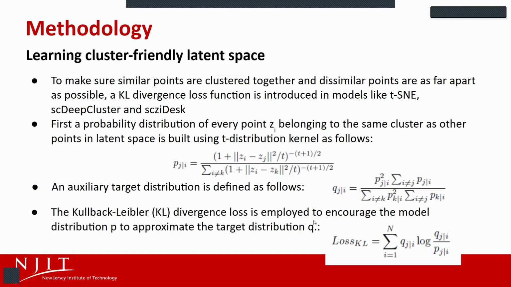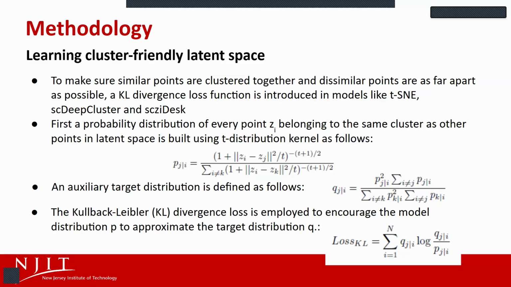Now, when we try to pull the original distribution towards the target distribution, we flatten the heavier tails of the original distribution and make it closer to the target distribution, which penalizes moderate distances and makes sure that points that have lower similarity to each other and have been assigned moderate probabilities of not being together are punished heavily, and they are as far apart as possible, while those that are pretty close together are brought even closer together.